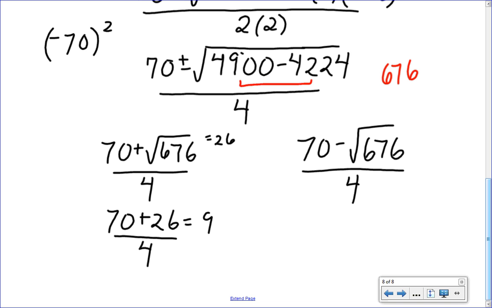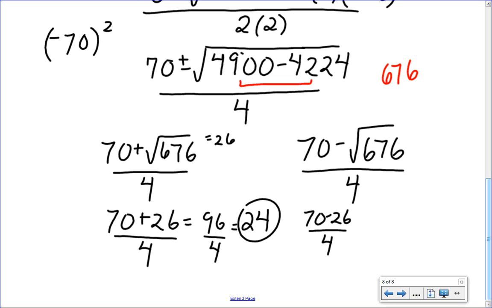That's 96 divided by 4, which gives us 24. So that's one possible answer. 70 minus 26 divided by 4 gives us 44 divided by 4, which gives us 11.